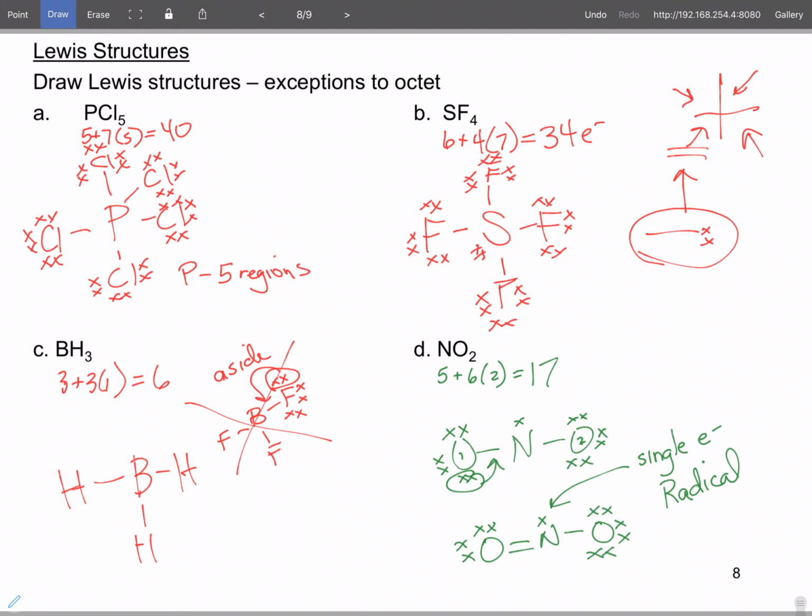Now, we're used to using the word radical. We talk about politicians and protesters of different varieties, etc. But in chemistry, a radical is anything that has a single electron. The one thing that usually does hold firm is a radical is highly reactive. And it's hard to figure out where it's going to go.